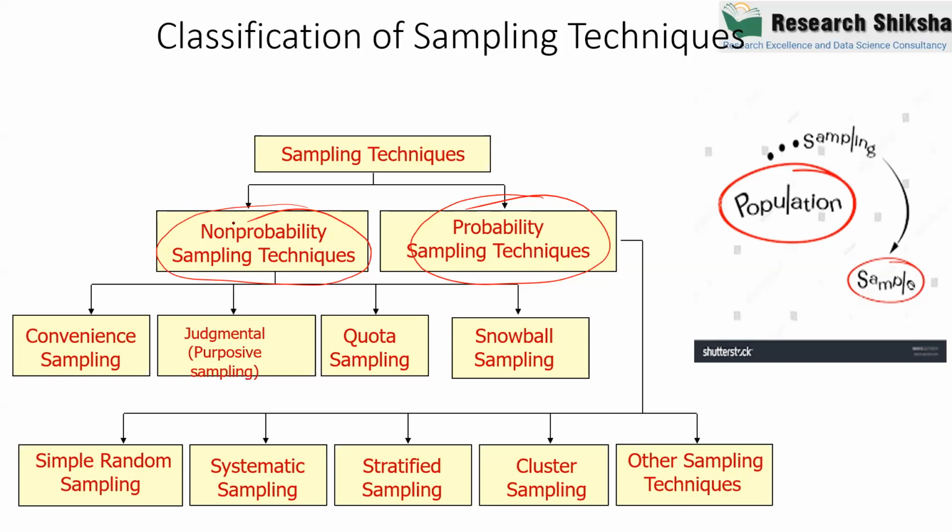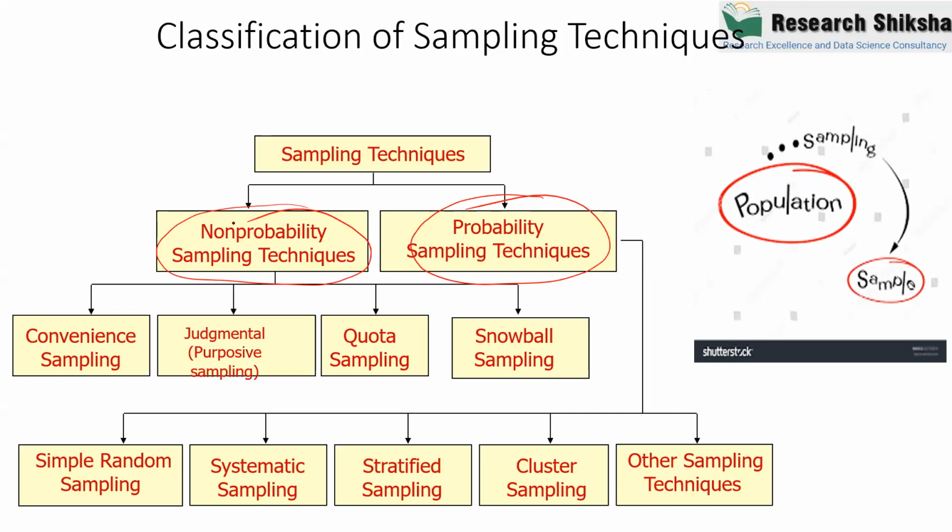So in this case, the probability is not equal. Similarly, when you are picking sampling units from the target population, the chances of some to be part of your sample are very high, and the chances of some are very low. In this case, the method is called a non-probability sampling method.